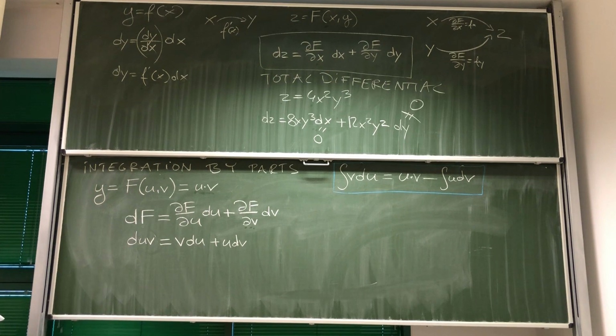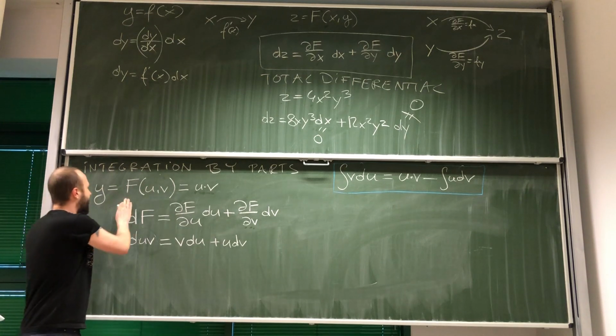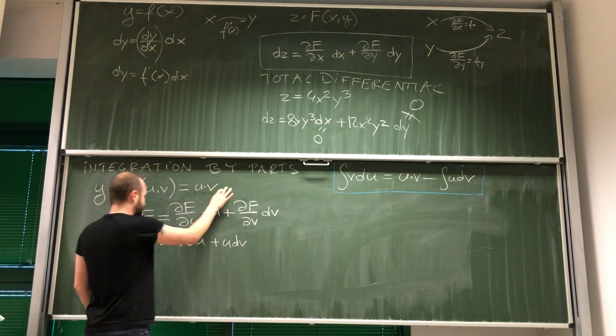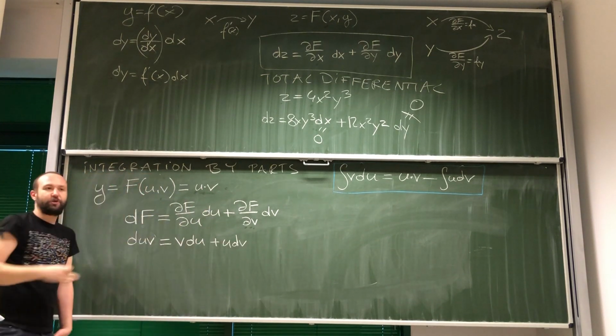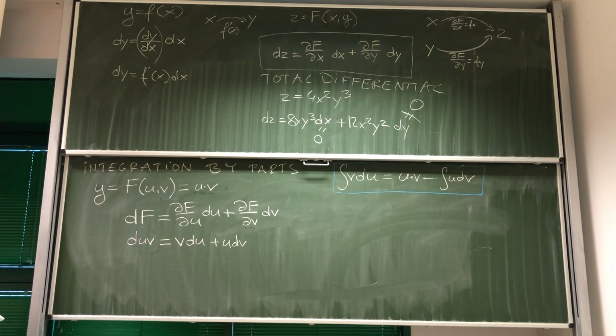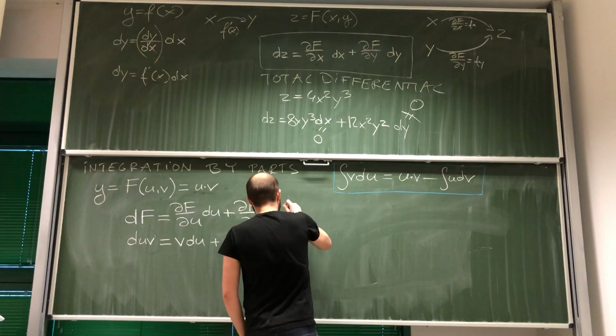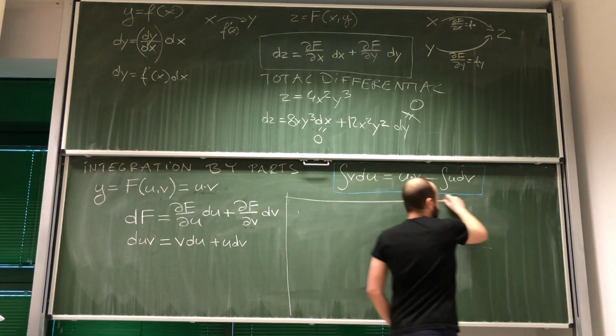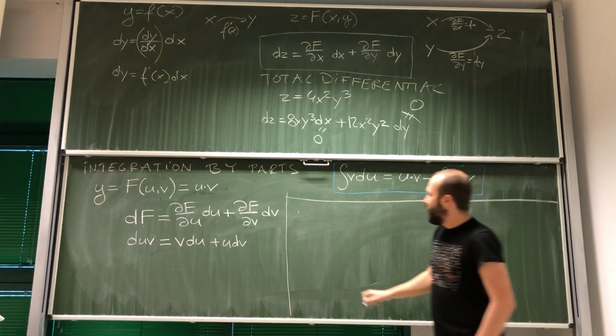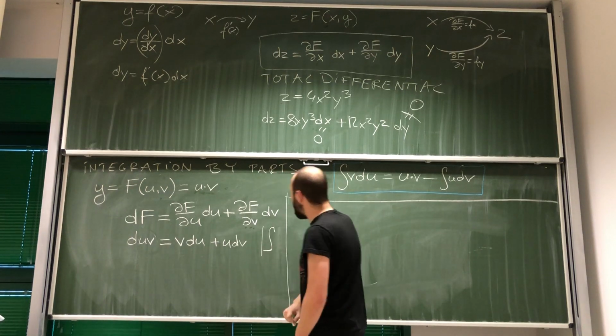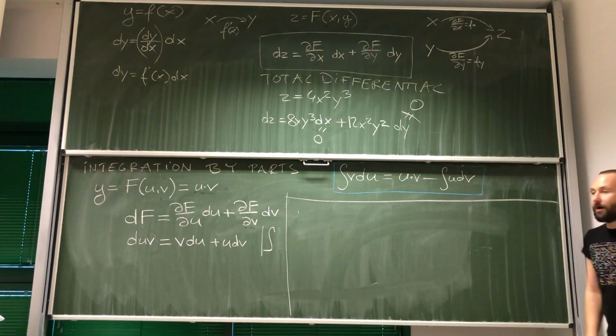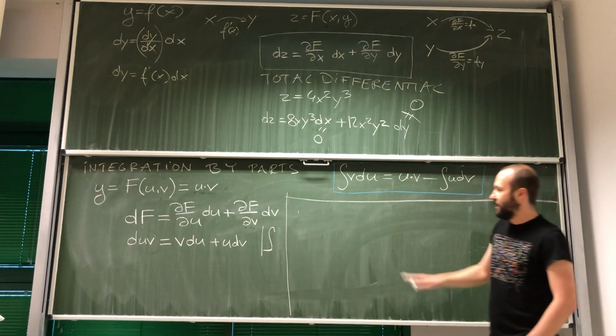Okay, and look, we know that for this particular function, f(u,v) equals u times v, this is 100% true, by definition. So, what am I going to do next? I'm going to integrate both sides of this equation.